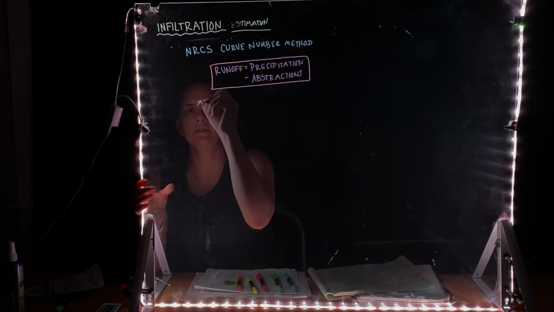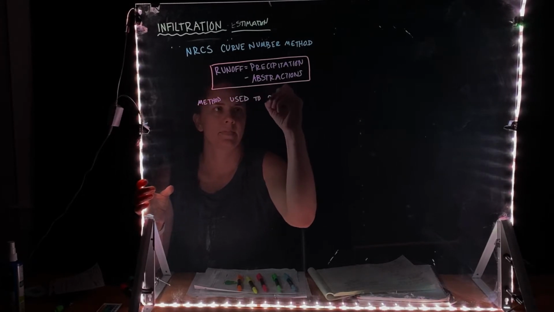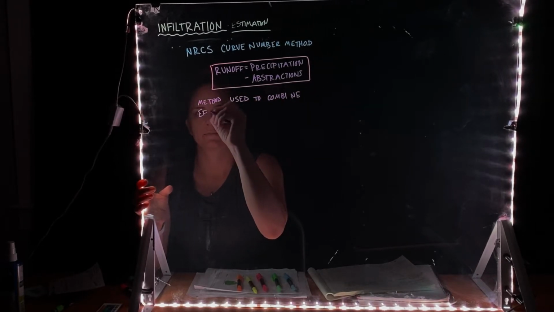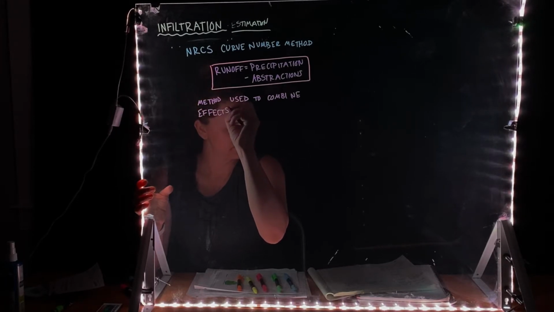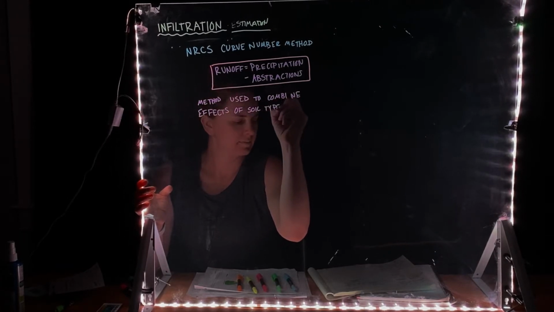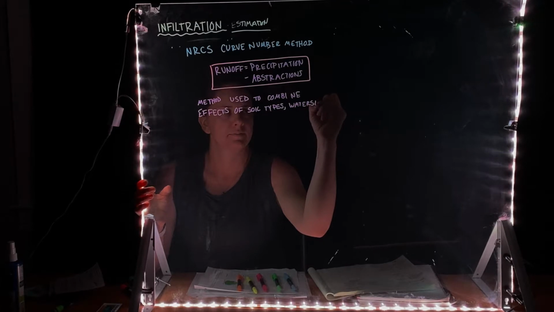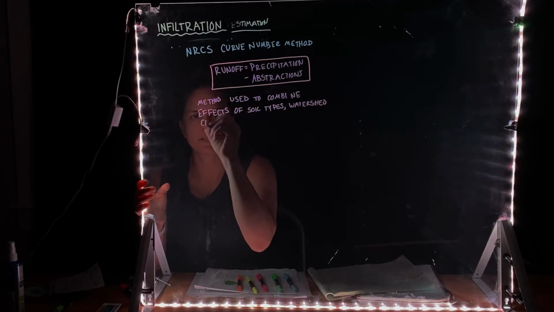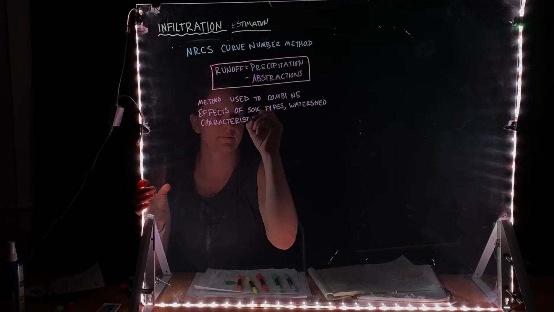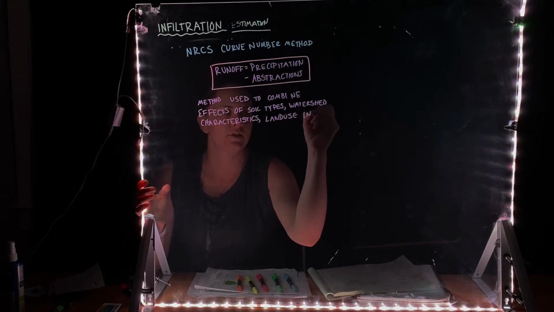And so this is a method that is used to combine the effects of soil types, watershed characteristics, and land use into a single parameter.